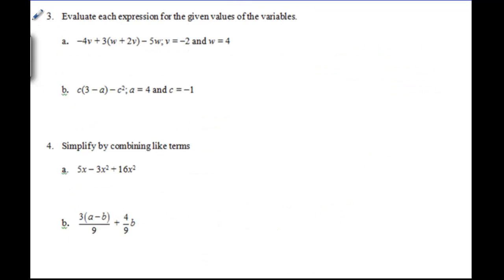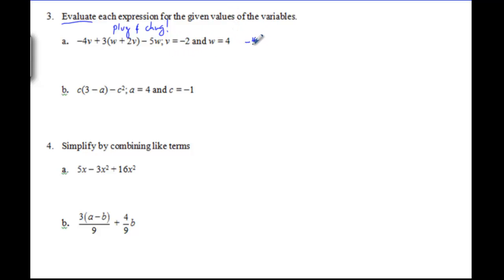Number 3, if we're going to evaluate, remember one of the 3 key words, evaluate, kind of like plug and chug. So we take our expression negative 4v plus 3 times the quantity w plus 2v minus 5w, and we know that v equals negative 2 and w equals 4.